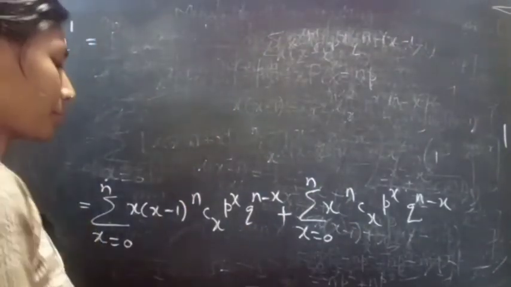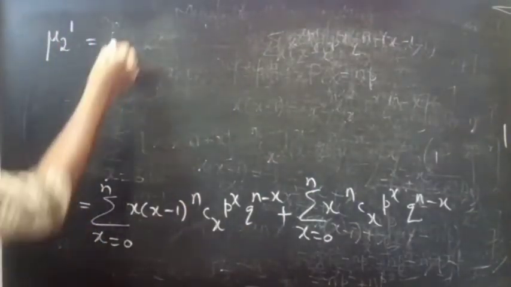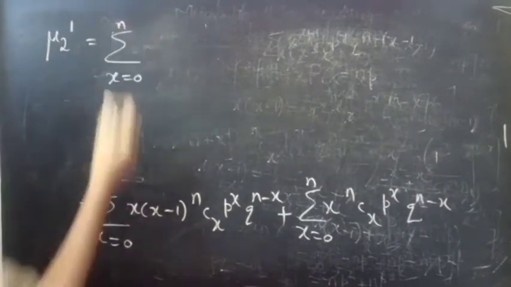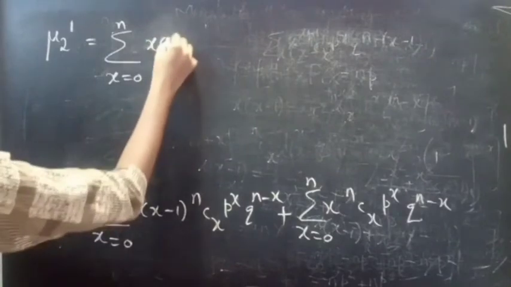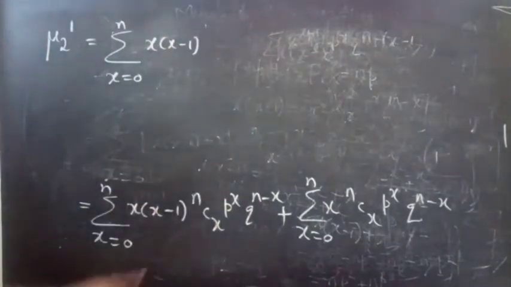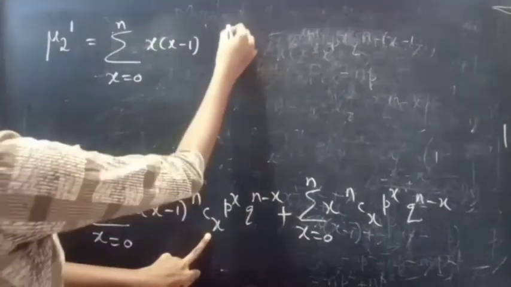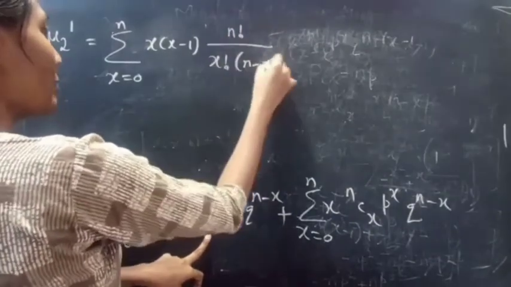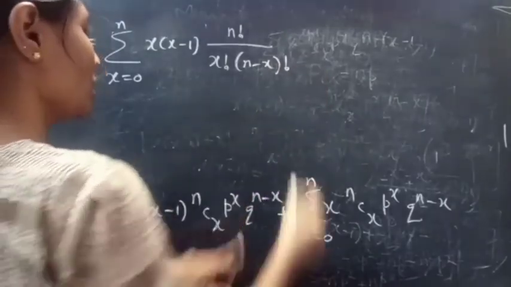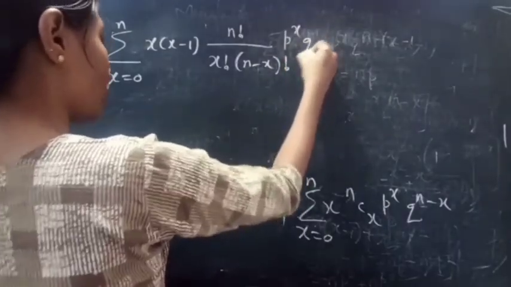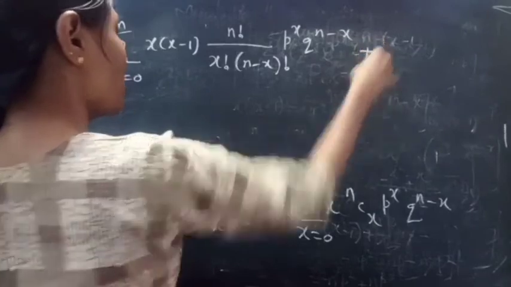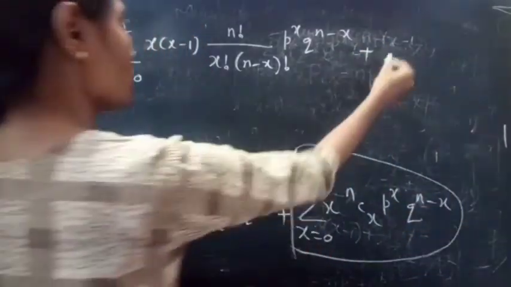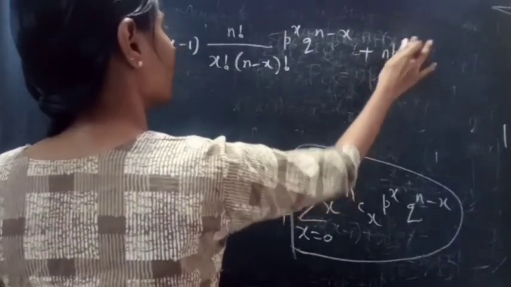So this is equals to summation x equals 0 to n of x into x minus 1, and ncx can be written as n factorial by x factorial into n minus x factorial, into p power x into q power n minus x, plus np. This is our mean from the first moment.